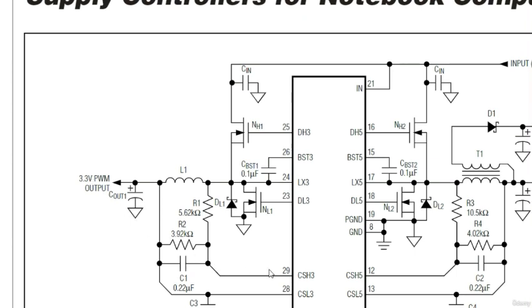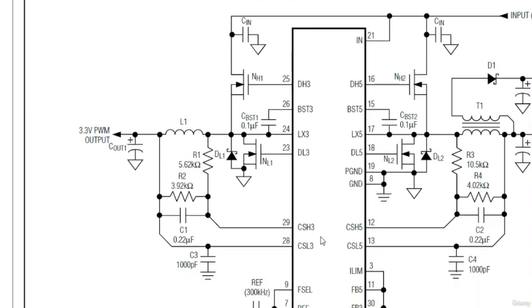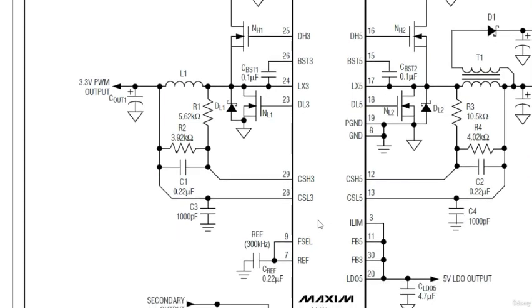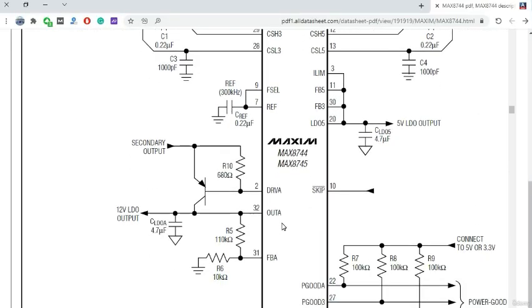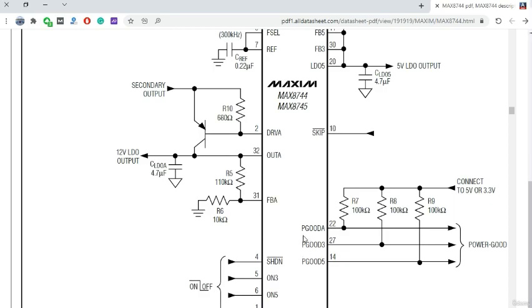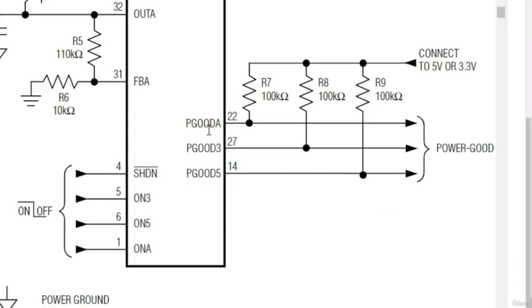As you can see here, we have other signals. For example, we have the power good signals, power good 3 and power good 5, connected to 5 volt or 3.3 volt.